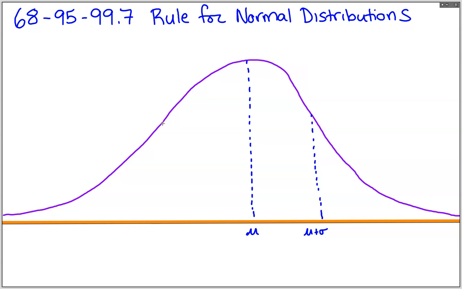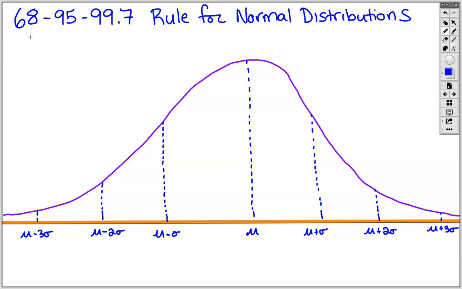And then we can continue going: 2 standard deviations below the mean, 3 standard deviations below the mean, and here we just need to fill in the rest of it. So this would be 2 standard deviations above the mean and 3 standard deviations above the mean. Okay, so now that we got that, I can start to tell you about this rule, the 68, 95, 99.7 rule for normal distributions.